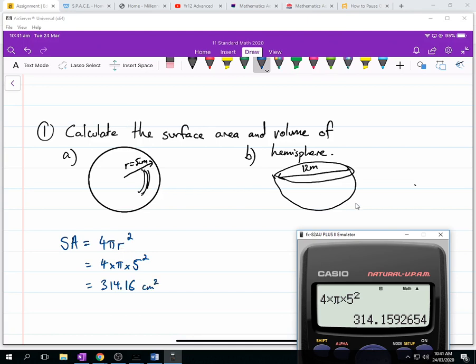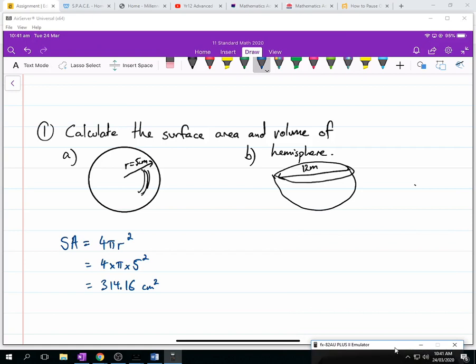The hemisphere has two parts. It has the curved part around the outside, which is half of our sphere, so we've got 2 pi r squared for that curved part, half of 4 pi r squared. But we also have this top part of the hemisphere, which is a circle, so that part is pi r squared.